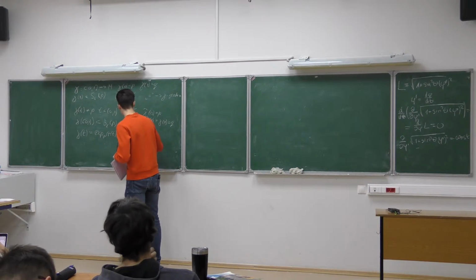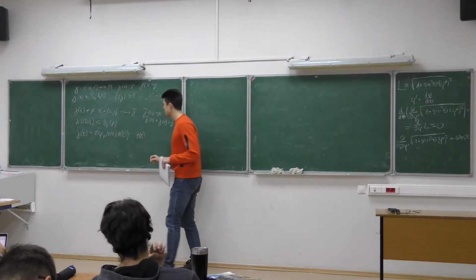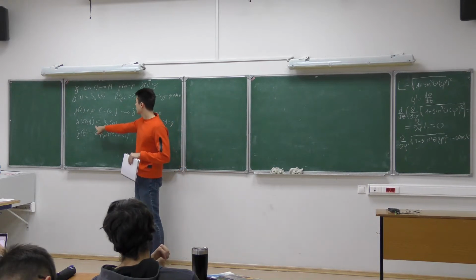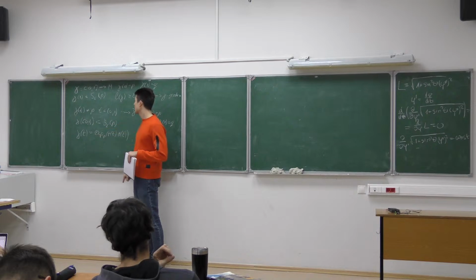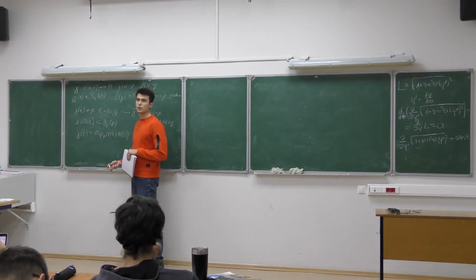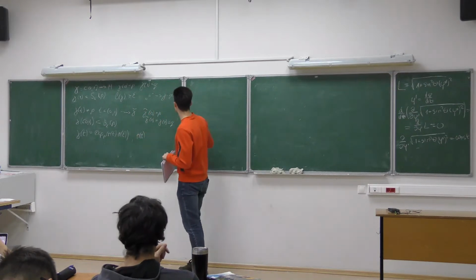So by the way, still not clear why you can say that it's in the ball. Because it might go outside of the ball, but not hit the point P, right? And then you can.